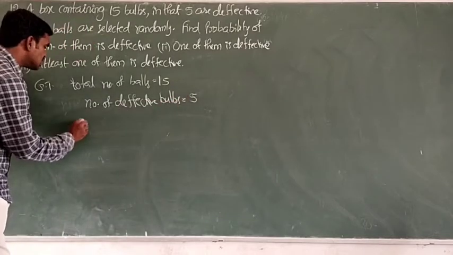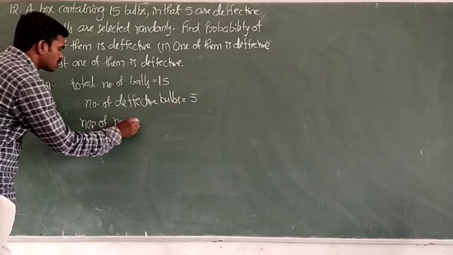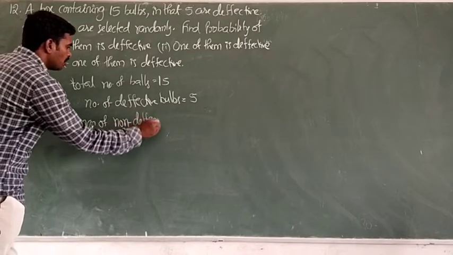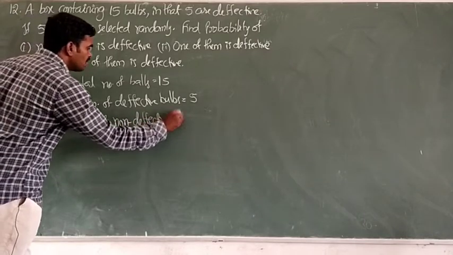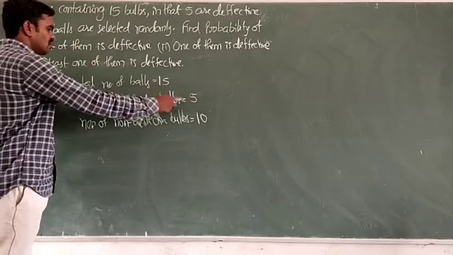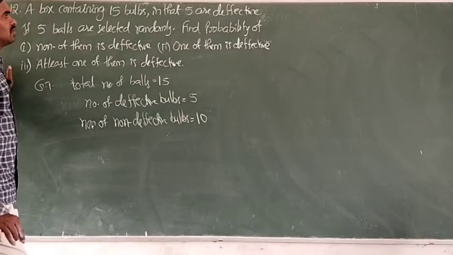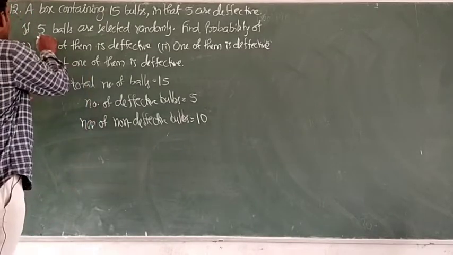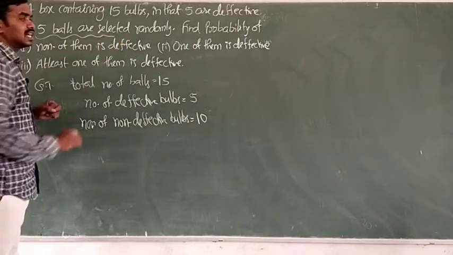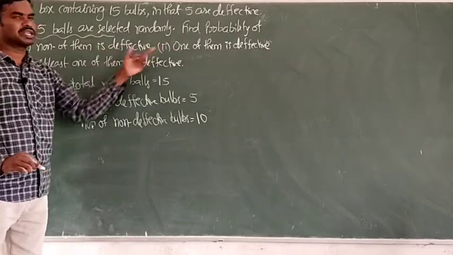That means number of non-defective bulbs, how many are there? 10 are there. Yes, out of 15, 5 are defective, 10 are non-defective. Okay, what is question? Suppose 5 balls are selected randomly, then what is probability of so and so?